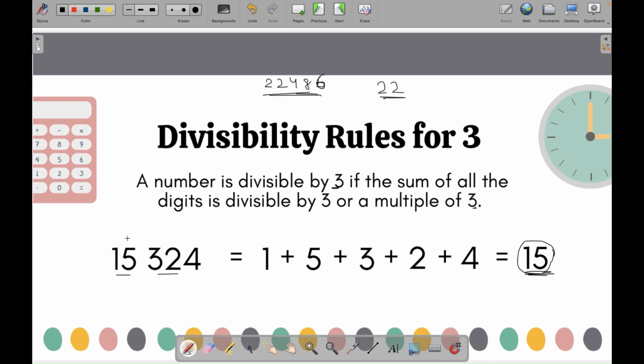Now, this is a unique case wherein if I have this number, the sum is coming out to be 15. If I have this number, the sum is coming out to be 22. But this is not the case always. You will not get the sum as the first two digits all the time.